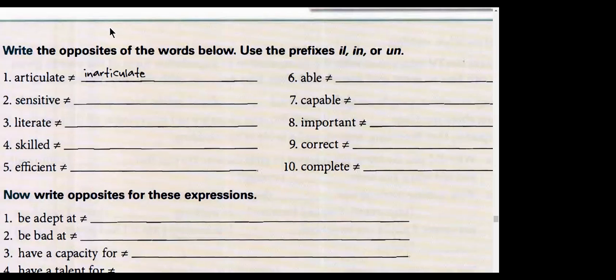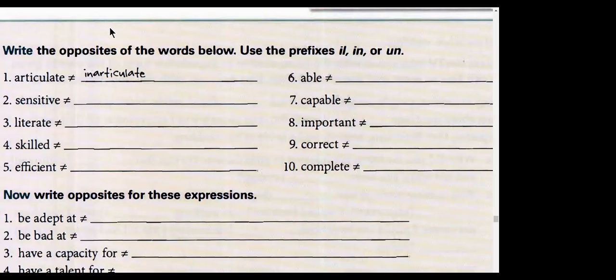Unskill. And the other one is it about efficient, inefficient? Yes. Inefficient. Inefficient, okay. Incompetent. Incapable. Able, which one do you have? Incapable. Unable, right? Yes. It's unable.